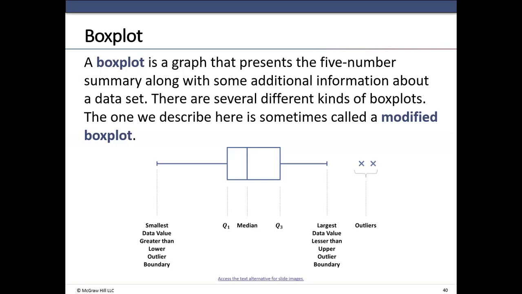Then the type, this is critical. We want to make a modified box plot, which will show the outliers. In the type, which is the third line, put the cursor, the flashing rectangle, on the 1, 2, 3, fourth type of chart, which is the modified box plot. Why is that important? Because I want to show outliers.